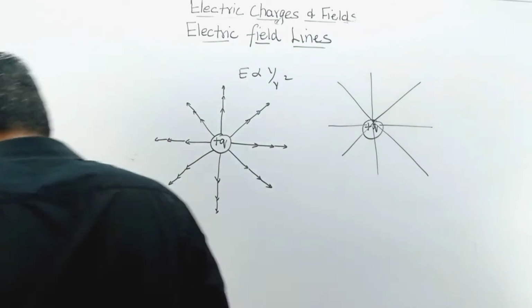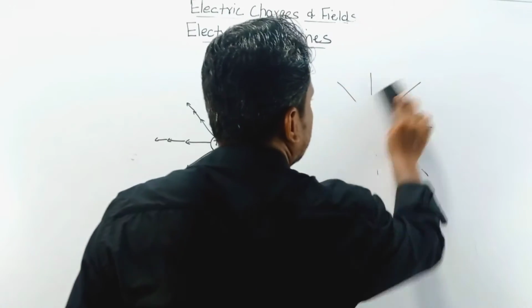Now, what are electric field lines? What do they specify?